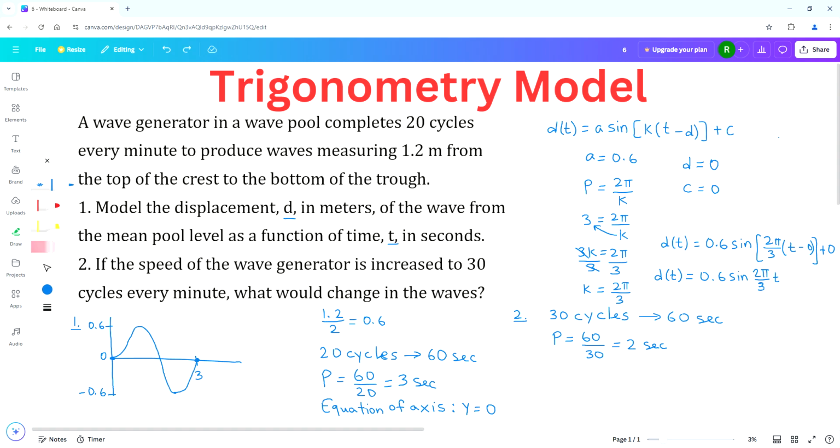As a result, the k value in the equation will change. We can calculate it using the period formula. The new period is 2. We can cross multiply the k to the left side.